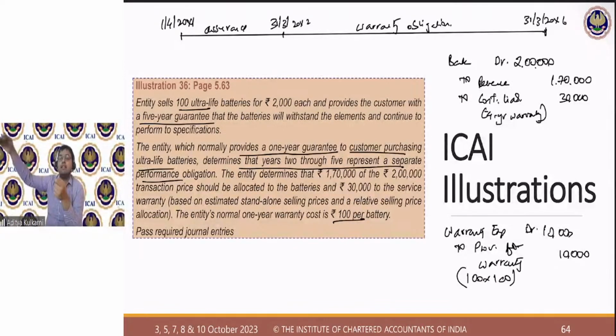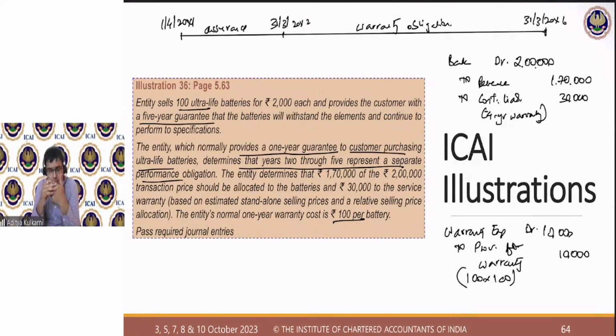You are not selling the assurance warranty separately. So this 1,70,000 comprises two things: one is the car and the other is the assurance warranty. Are we okay with this? Yes, this is the first part.